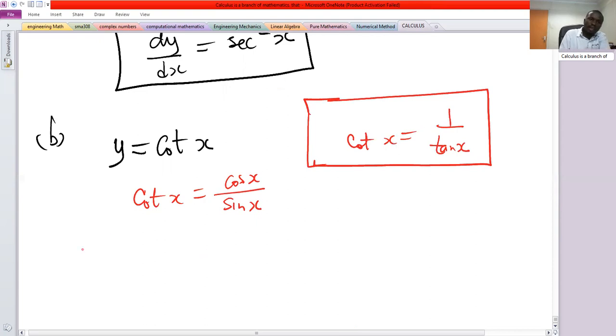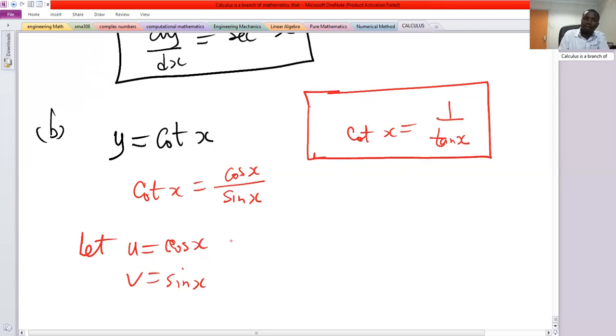So let u be cos x and let v be sine x, so that u prime will be negative sine x and v prime will be cos x.